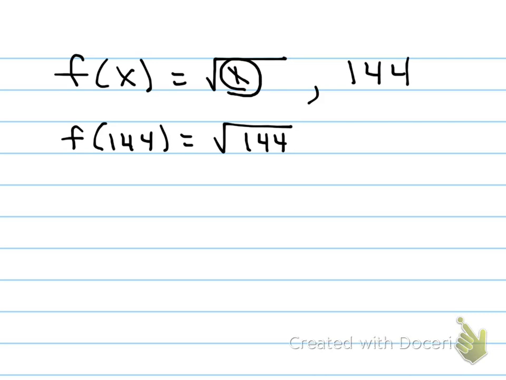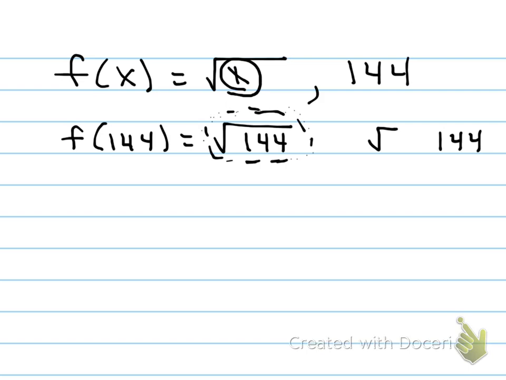So again, you have different calculators, so I can't tell you how to put this into your calculator. You learn your calculator. For most TI calculators, you would hit the square root key and then 144. But for some other calculators, you hit the 144 first and then the square root key.